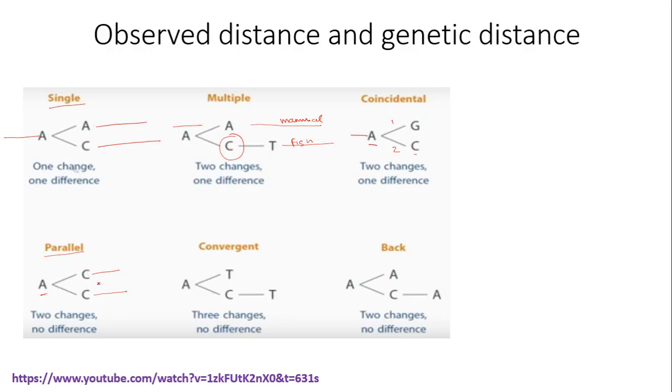But since this is what we observe, it appears that nothing has changed, but actually both of the sequences have got a common ancestor where the nucleotide A was present. But now in both the sequences we have got C, and hence it appears now when we compare the sequences that nothing has happened. Such changes are called parallel changes.